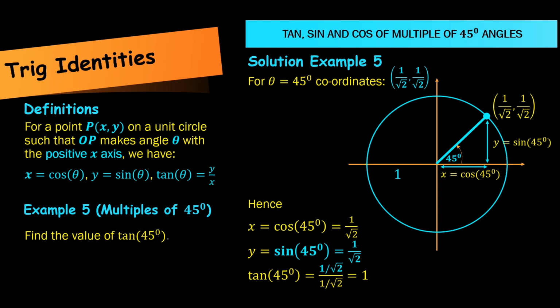So let's substitute the values of y and x. So here's y, and here's x. And of course, dividing one by the other gives us 1. So tan 45 degrees equals 1.